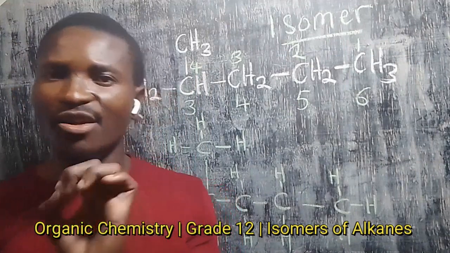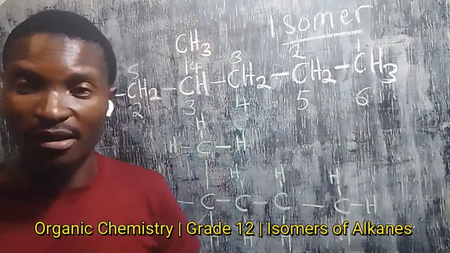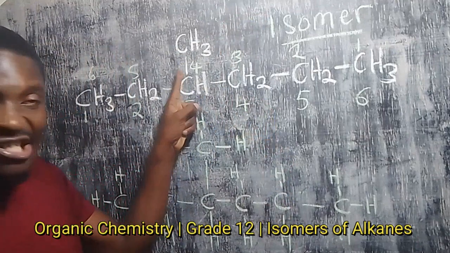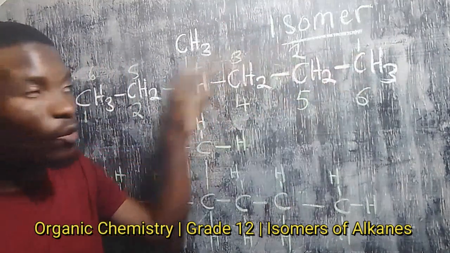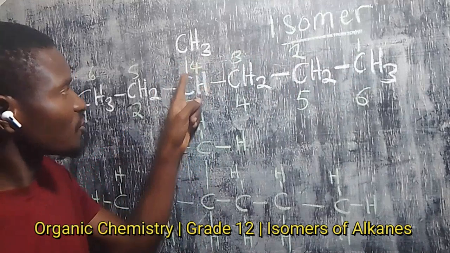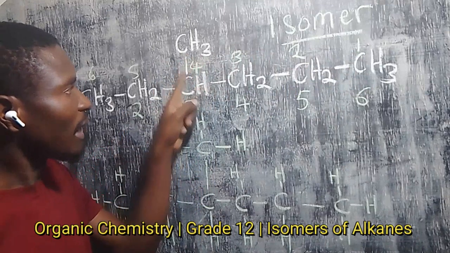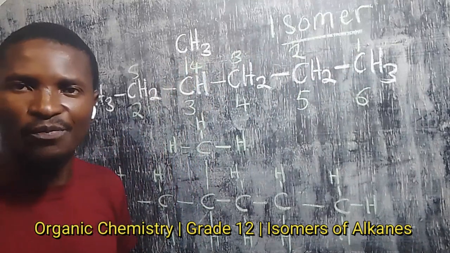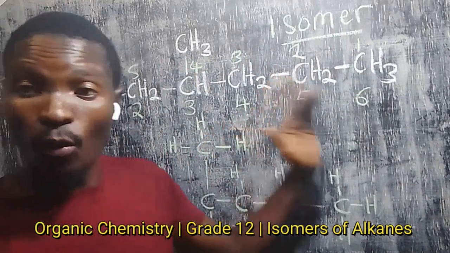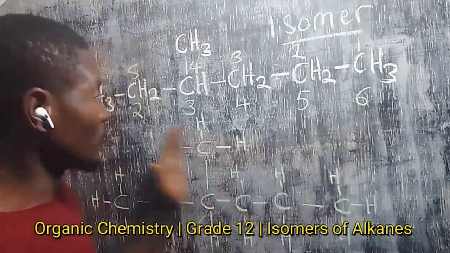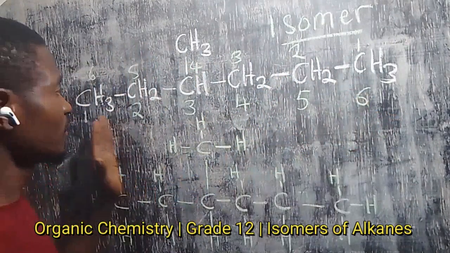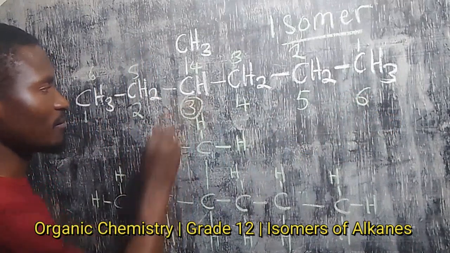When you look at the top numbering, the branching is occurring at carbon number 4, while the bottom part, when you count from left going to the right, is occurring at number 3.